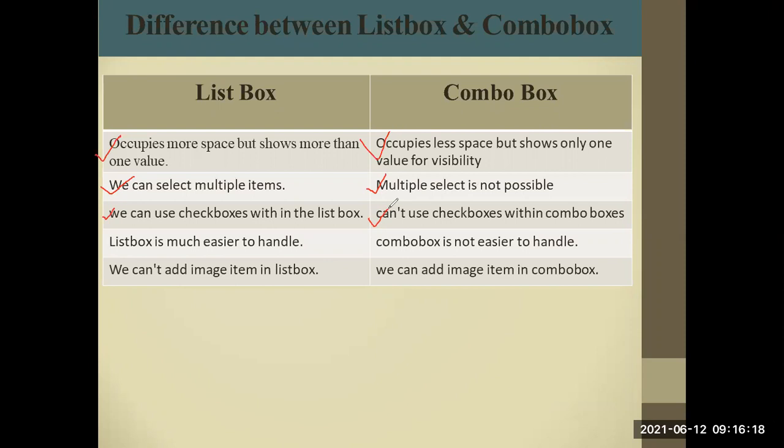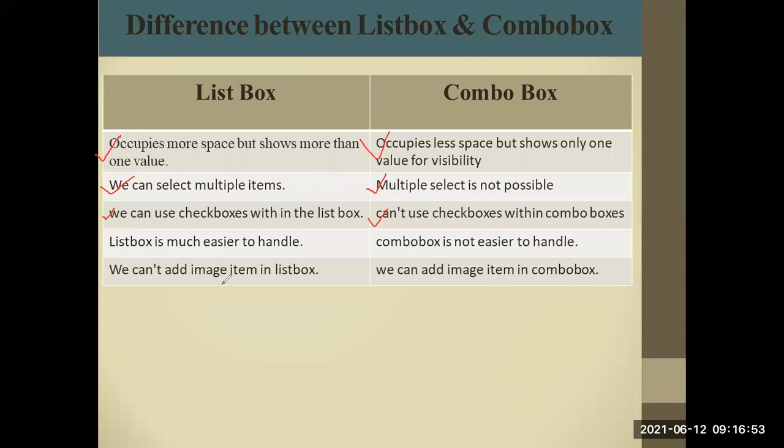That is the reason the list box provides the multiple selection option: because of the availability of the checkbox. Whereas using a checkbox inside the combo box is not available, and that is the reason we cannot use the multiple option.